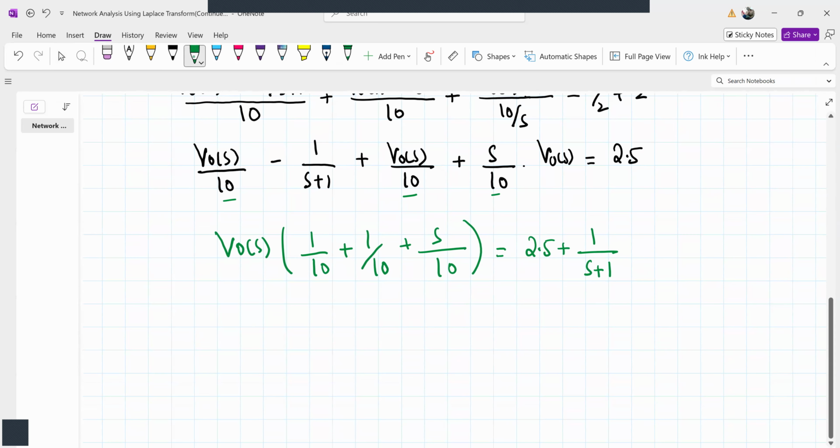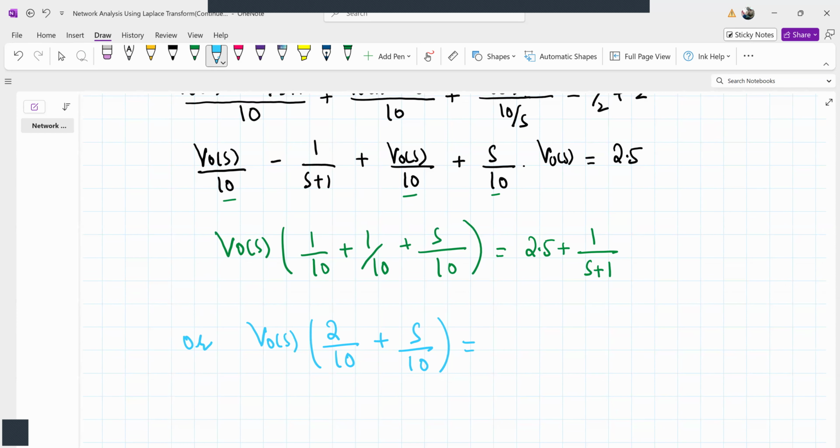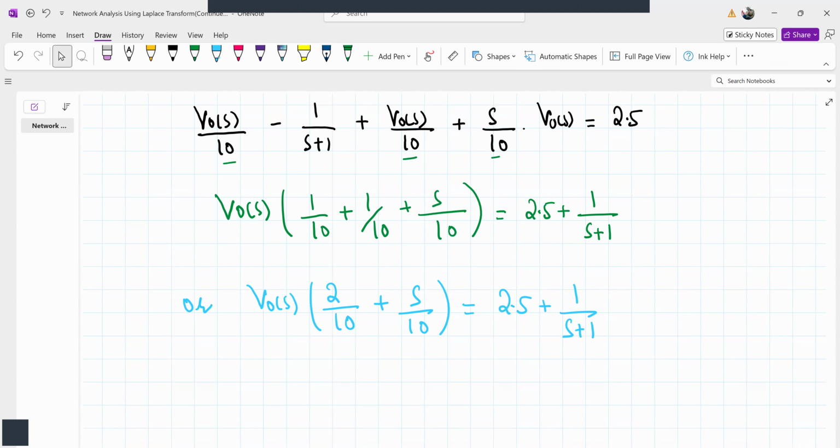Okay, now what we'll do next? We'll combine the terms. So V naught of S times 2 by 10 plus S by 10 will be equal to 2.5 plus 1 by S plus 1.